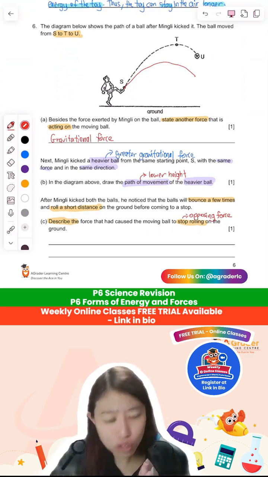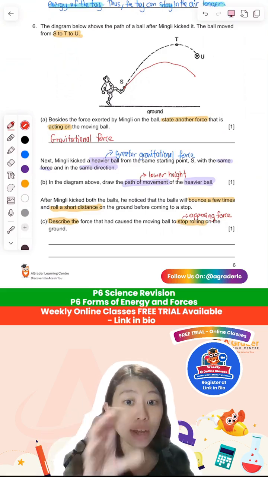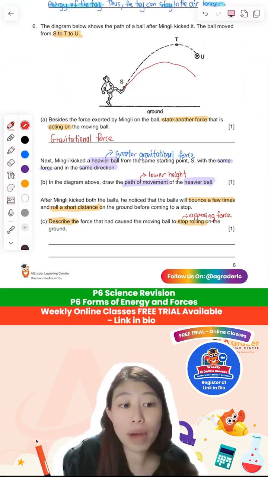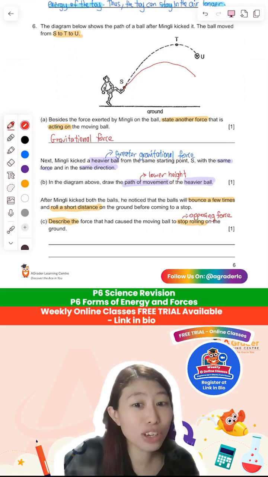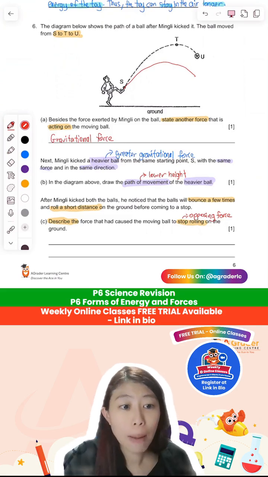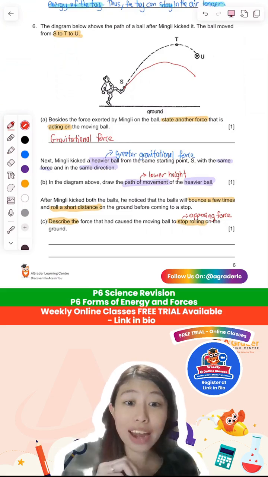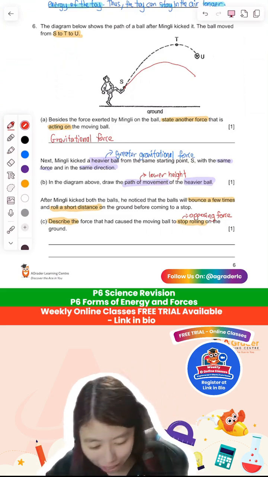What exactly? Frictional force between what and what? Always remember, when they call you to describe, you must say frictional force between what and what. Yes, Kayla, frictional force between the ball and the ground. Very good.